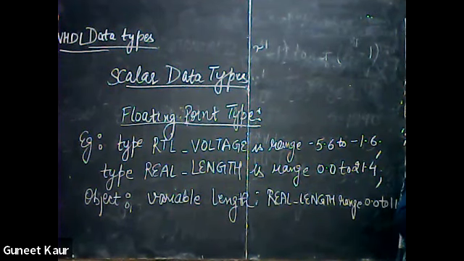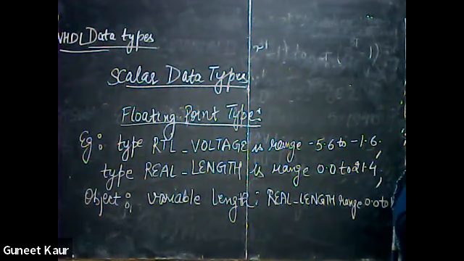Next is type real underscore length, range 0.0 to 21.4 semicolon. This value is also given in floating, that is decimal numbers, and the values which belong to the floating point type are called floating point literals.